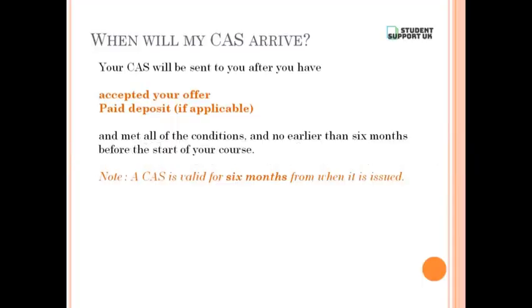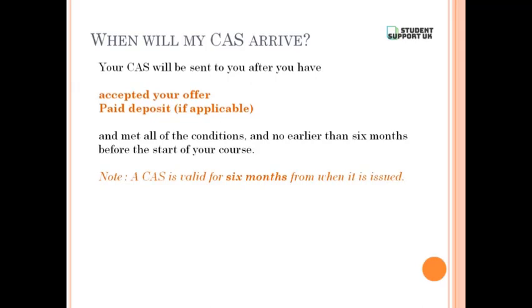When you will receive your CAS is basically the last step before you make your visa application. The first step is that you will receive a conditional or unconditional offer letter. If it's a conditional offer letter, you need to fulfill all your conditions, and once they are fulfilled, you will receive an unconditional offer letter. The unconditional offer letter gives you the information on whether you're required to make your deposit or not, and if you have to, make sure you make your deposit as well.